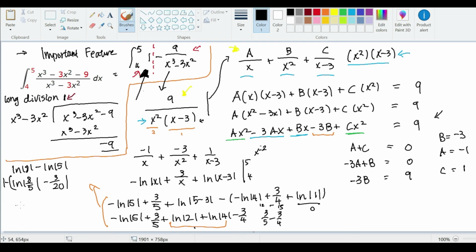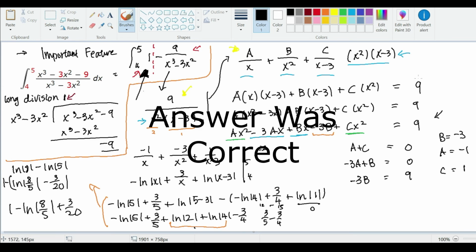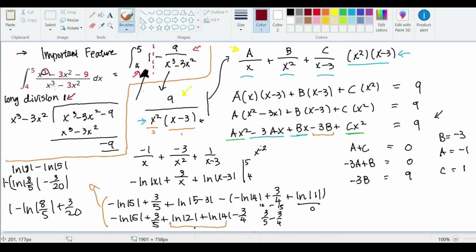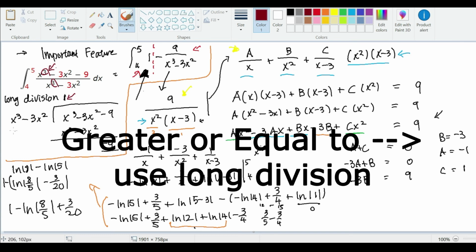Minus 1, and that will become ln 8 over 5 plus 3 over 20, and I hope that is correct. Let me check the answer. So this is important, you have to check the degrees on the top and the bottom, and if the top is greater, you use long division. Okay, good luck.